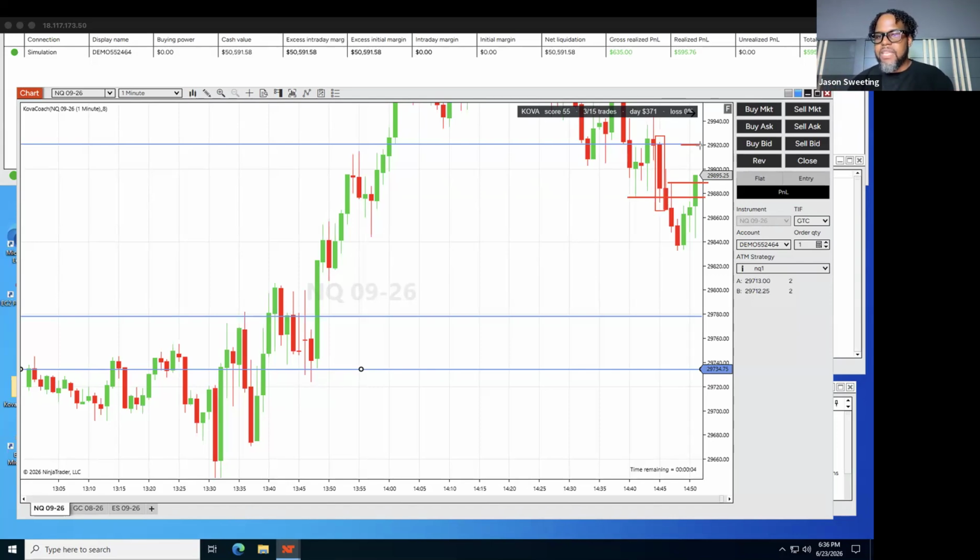If I can muster that, I would love to see a green candle. I'm a little bit wary about the 29,900s, because there are some sellers prevalent there. But I like to see a candle at least try and wick me up to quote unquote match the volume of this candle that's got the check on it. You see it? I like to see it do that same sort of thing that it did before.